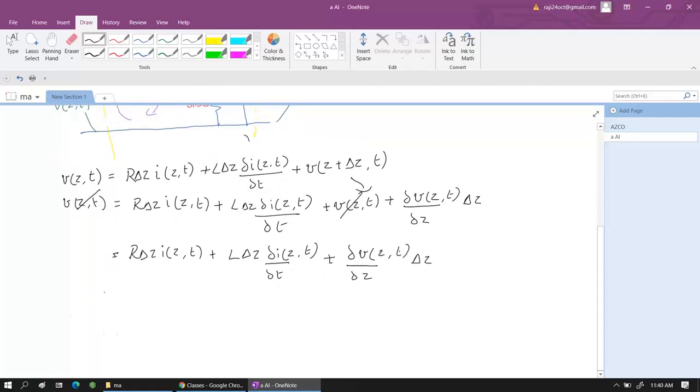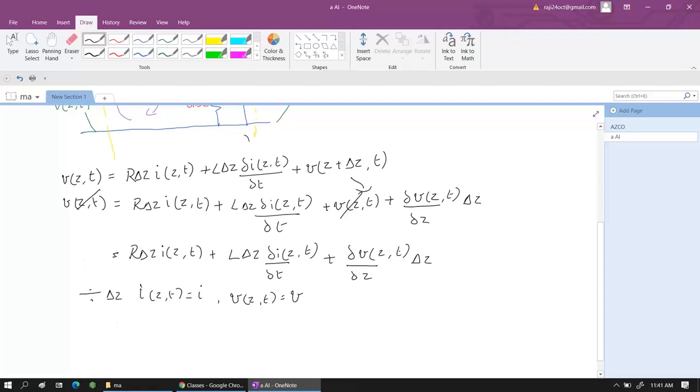Now, for simplification purpose, we'll divide this equation by Δz, since everywhere we have Δz. Wherever we have I(z,t), we'll consider it simply as I, and wherever we have V(z,t), we'll consider it as V. This is just for simplification because we want the equation to be simple. So what will happen to our equation?